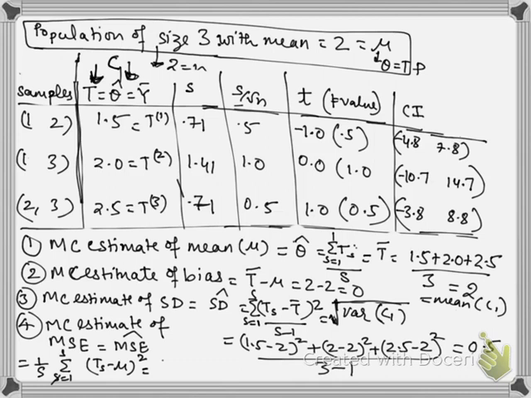The only difference is that the denominator is S and here the denominator is S minus 1. So it's going to be 1.5 minus 2 whole square plus 2 minus 2 whole square, this 2 is mu, this 2 is T bar, plus 2.5 minus 2 whole square, divided by 3, which gives you 0.4.